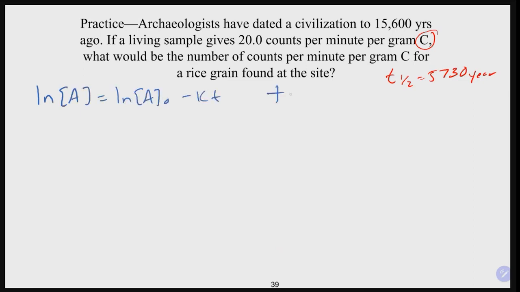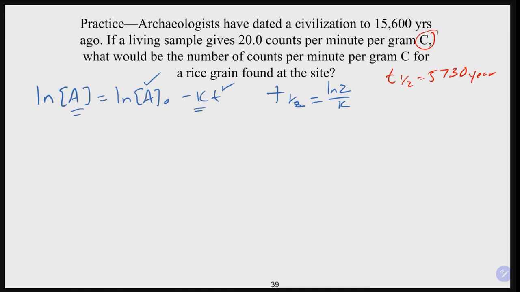And since we've had to use it for the other ones, I anticipate we probably will still use the half-life equation as well. All right, so in this case, we are given the time, which is 15,600 years. We are given a sample that's living, so that seems like initial. And we are looking for what the counts per minute will be, which is our final.